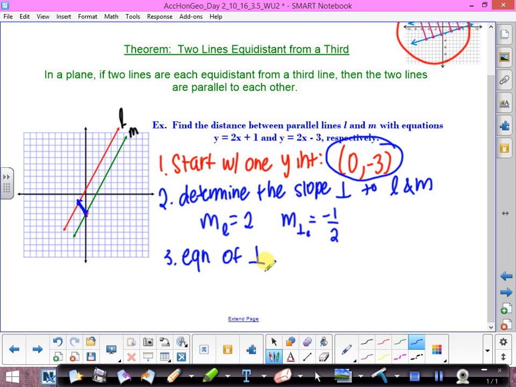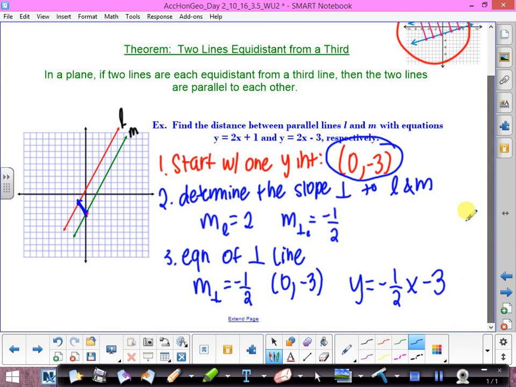So I'm going to say we're going to find the equation of the perpendicular line. So we know the slope is negative 1/2, and we're going to use the point 0, negative 3. Well, if we use that, we already know the slope, we already know the y-intercept, so we know the equation is y equals negative 1/2 x minus 3. So that would be the equation of this perpendicular line.